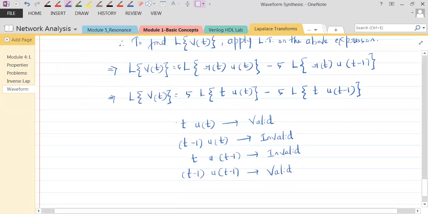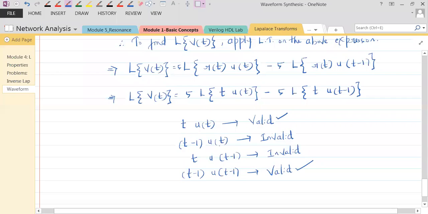Understand? So these two, the first one and last one, are the valid forms, because in the first one both are functions of t, and in both the signals you have t only. Similarly, the last is valid because both are functions of t, and both consist of the shifted versions of t, that is t minus 1 as well as t minus 1 here. But what is wrong with the second and third one?